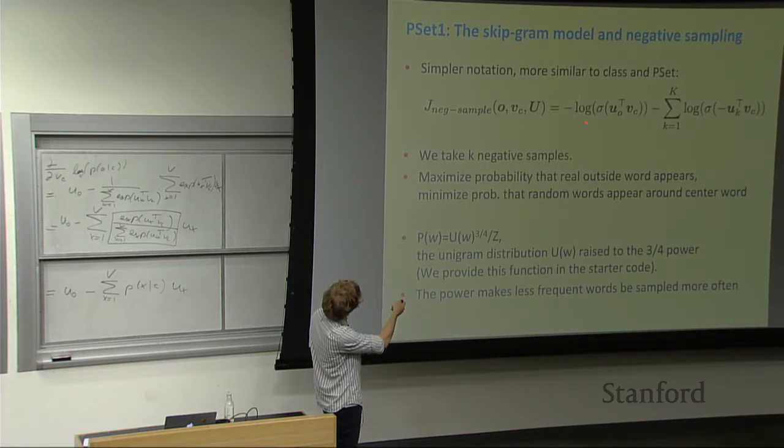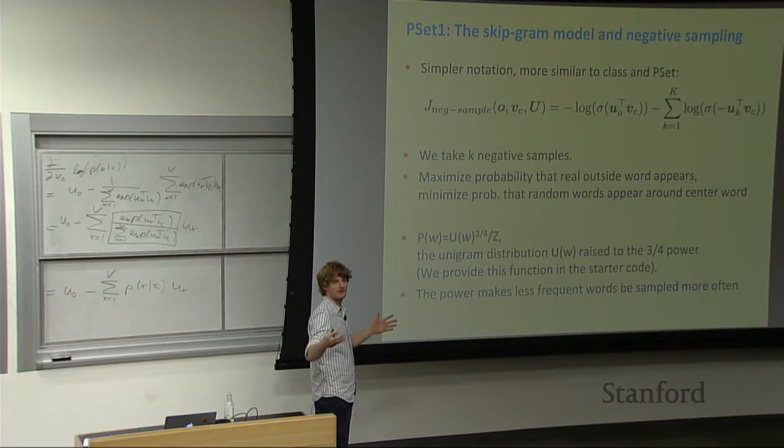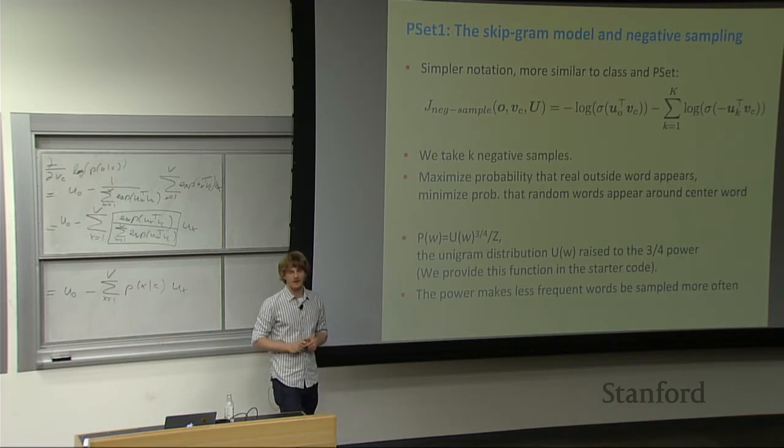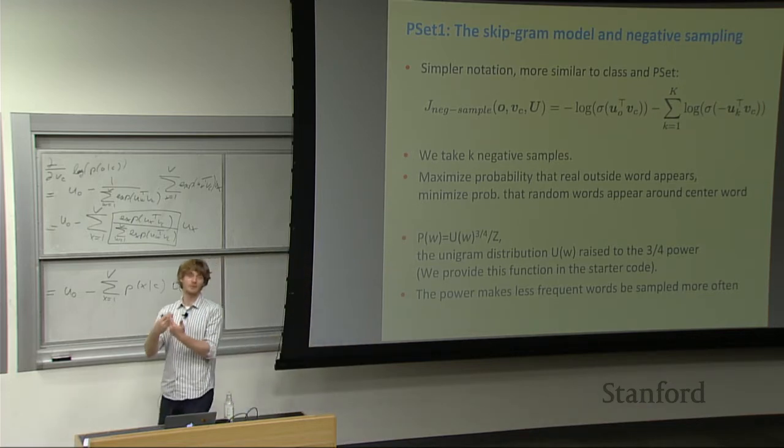What you'll intuitively do here is you have this probability now for the center word and its context word, and you want to maximize that probability and hence minimize the negative log of that probability. Then instead of summing over the entire vocabulary, you're just going to take k examples, like 5 or 10 random words, and you say, I want to minimize the probability that these 2 words co-occur together. It turns out that way you can make even more update steps.